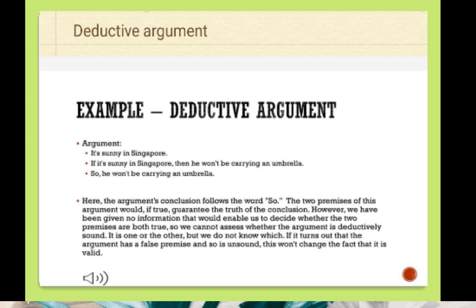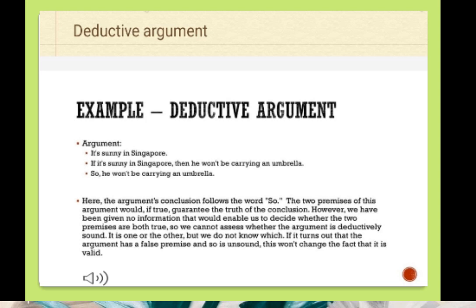Here, the argument's conclusion follows the word "so". The two premises of this argument, if true, guarantee the truth of the conclusion. However, we are given no information that will enable us to decide whether the two premises are true.